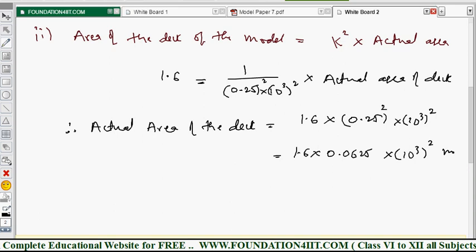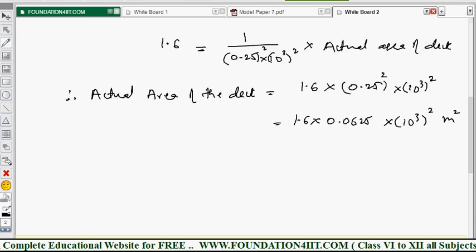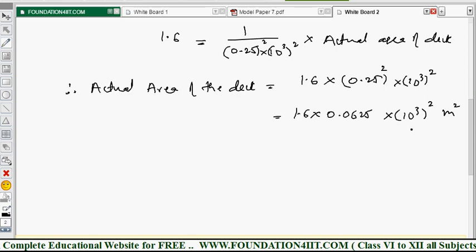So this is in square meters. So 10 power 6 square meters is equals to 1 square kilometer. So that's why this is 0.1. 1.6 into 0.065 is 0.1 square kilometers. Okay, 0.1 square kilometers, because this value is 1 square kilometer, right?